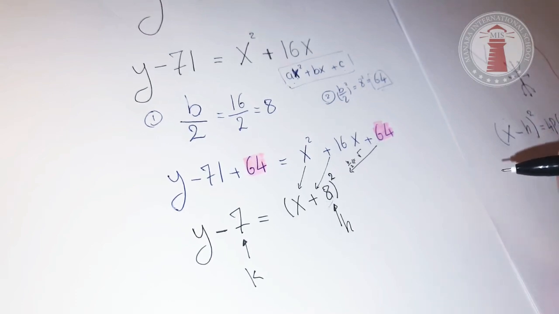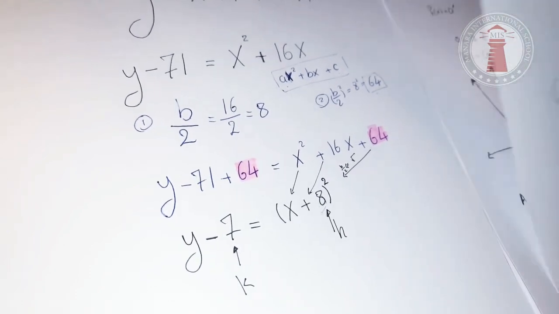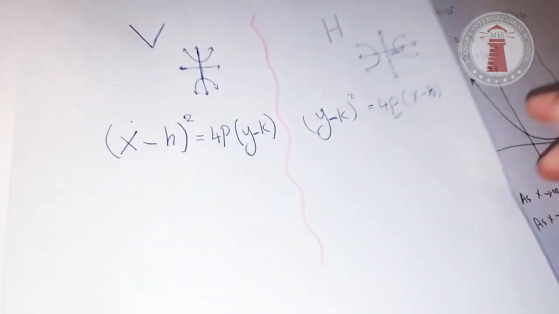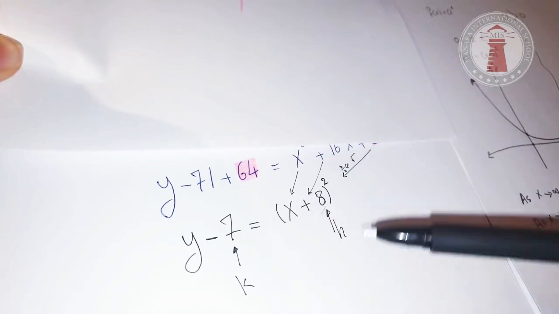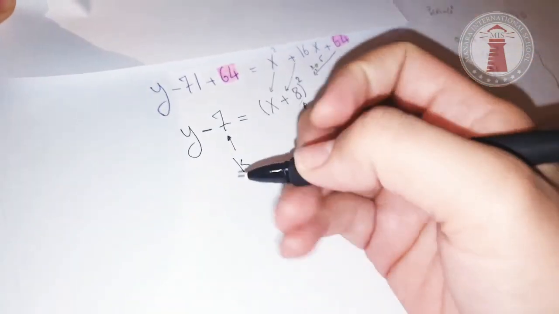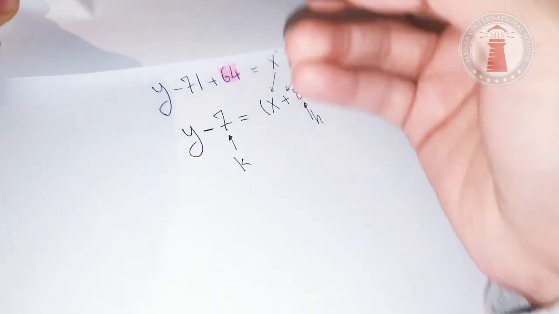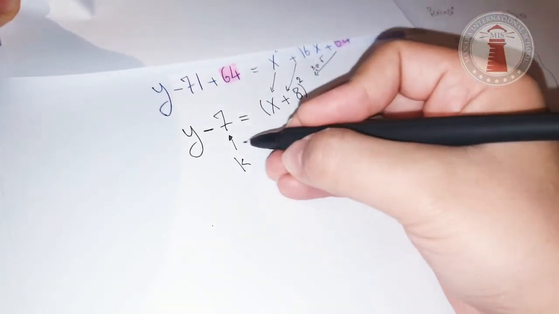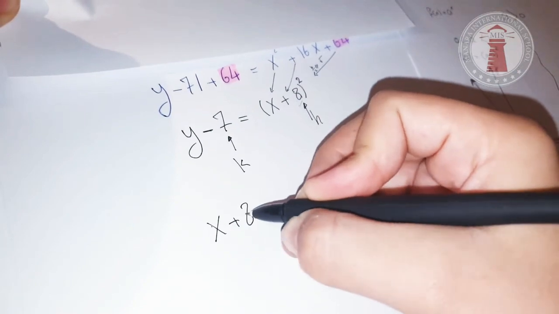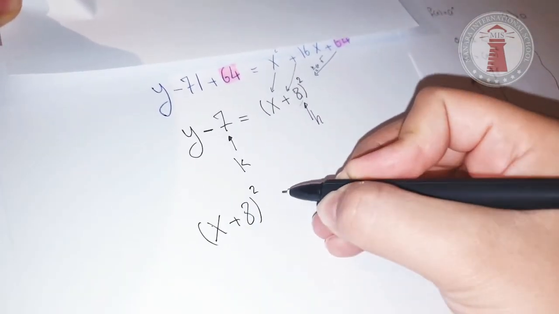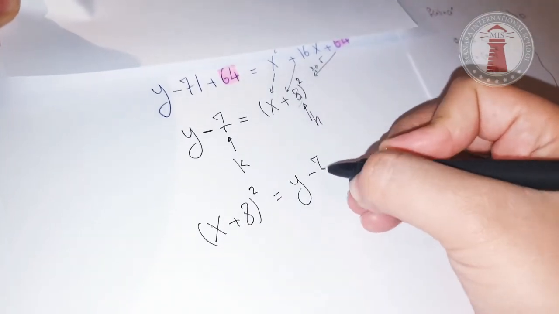To know what p is, we need to go back into this. Now, what is the thing that is squared in here? It is the x. So let's put it in the same form. I'm just going to swap these two, so it's going to become clearer for you. x plus 8 squared equals y minus 7.